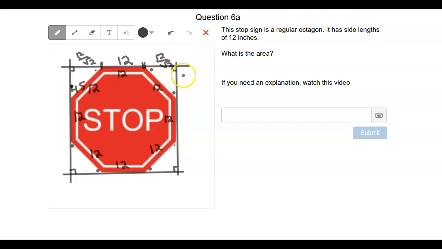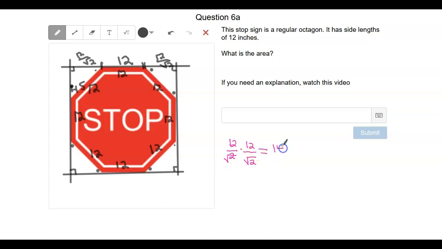So for the triangle, we're going to take base times height divided by 2. So we're going to do 12 over the square root of 2 times 12 over the square root of 2, base times height, divided by 2. So first thing I'm going to do is multiply those two together.